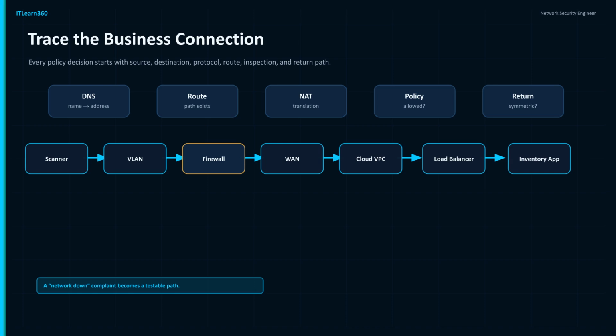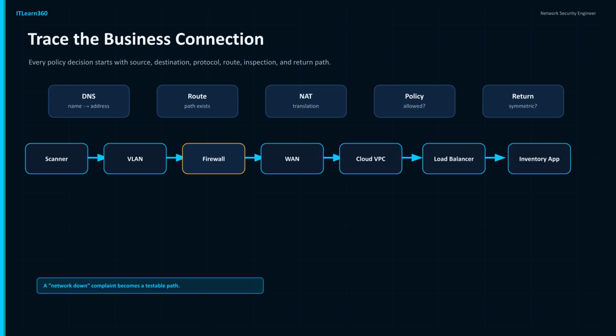A complaint such as "the network is down" becomes much easier to test when the path is explicit. Does DNS return the expected address? Is the route present? Is translation correct? Does the firewall allow the session? Is the return path symmetric? At Summit Fresh, this path also helps separate the scanner outage from the suspicious vendor session, so we do not solve one problem by making another worse.